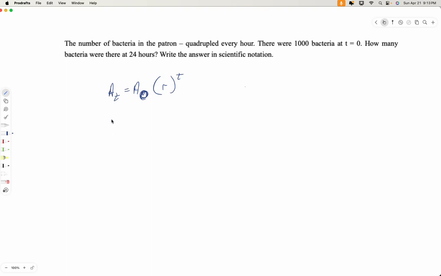The amount of time would be 24 hours. The original amount is 1,000. The rate, quadrupled, is a way to say times 4. And again, we're going to do 24 hours because that is the rate every hour, so it quadruples 24 times. So this is what we're going to do. We're going to pull our calculator again.